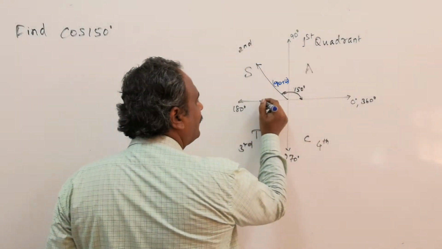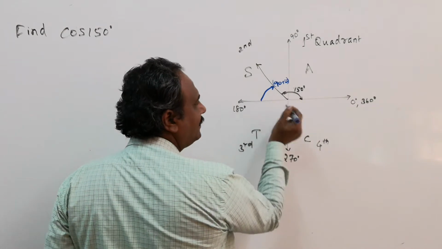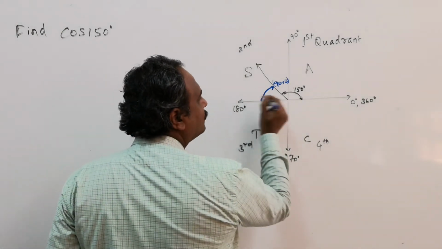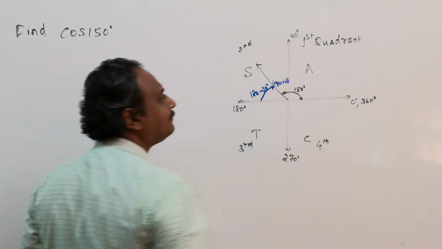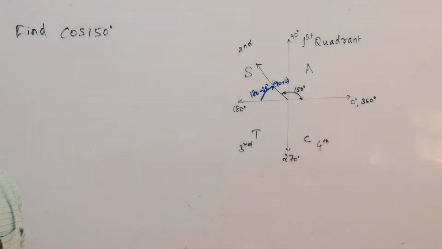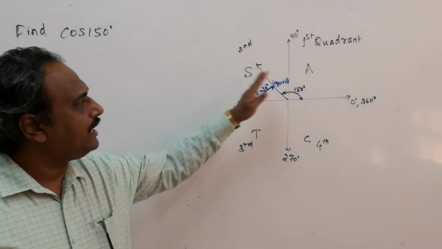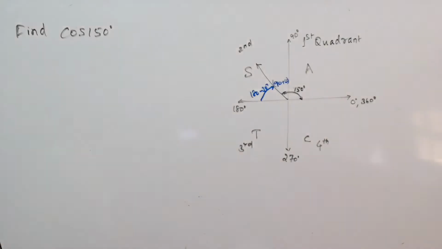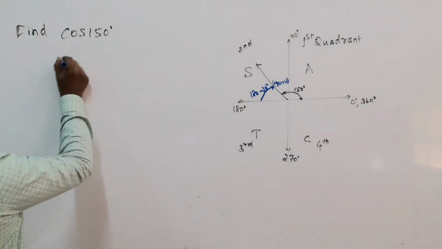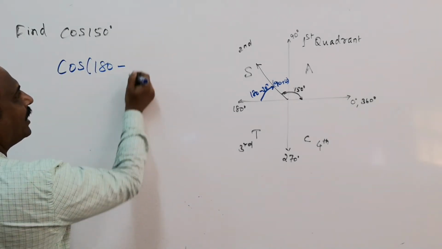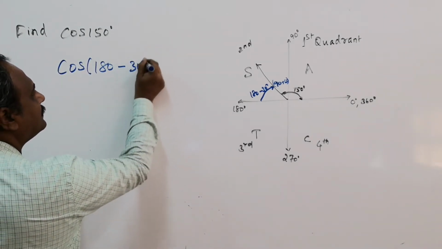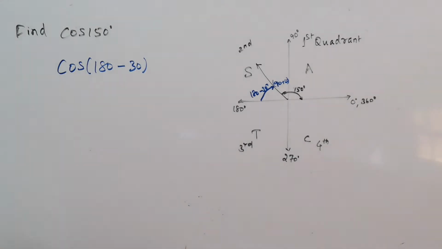Or if I take from the axis line, this will be 180 minus 30, isn't it? Now I can use any one value. For example, let me define cos 150 as 180 minus 30. Cos of 180 minus 30.